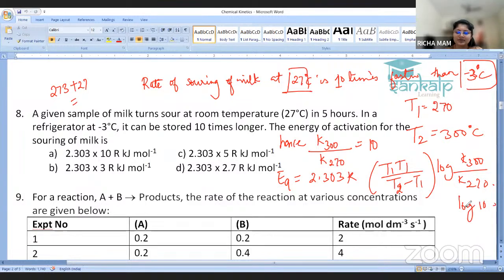Okay, solve this. Activation energy, what I am getting is 2.303 into 2.7 R kilojoules per mole. So option number D.